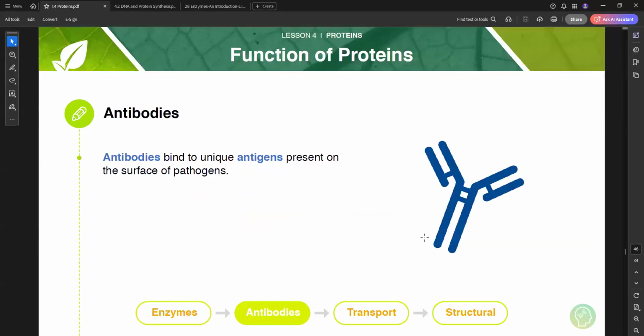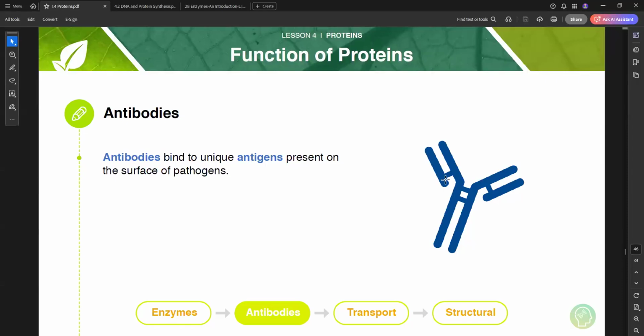Your antibodies have a constant region and a variable region, okay? And so that's going to have specific antigens that it can bond to, dictated by the shape of those regions.